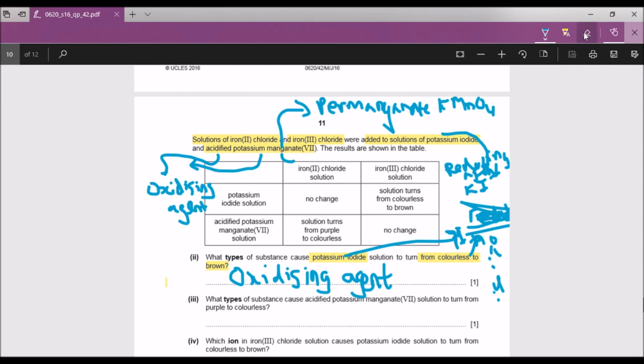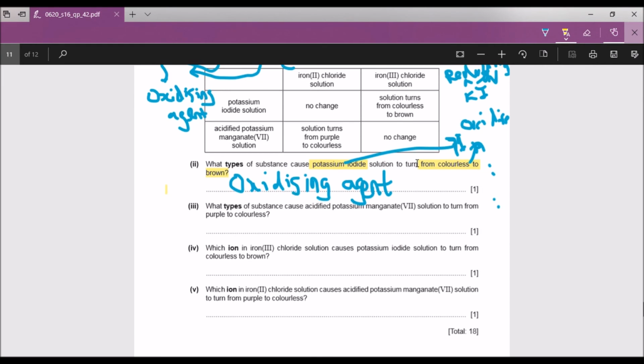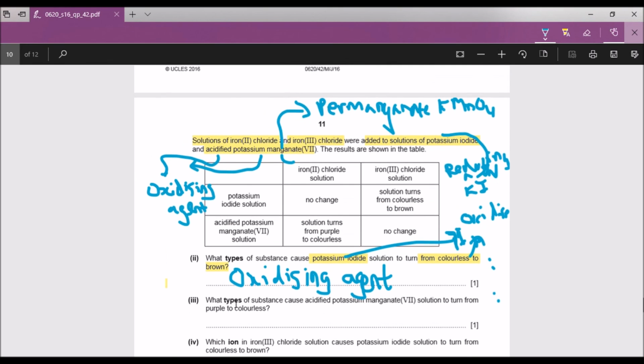I get confused between the two as well, but it should be oxidized. It's kind of tough to explain, but it's oxidized because this thing is a reducing agent and something oxidizes it. There's something which oxidizes potassium iodide, basically an oxidizing agent.